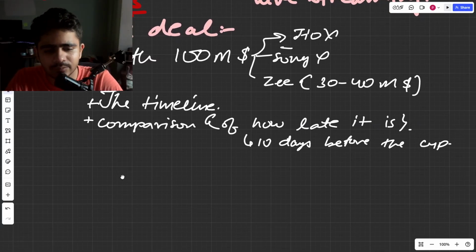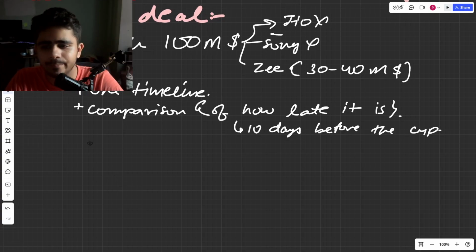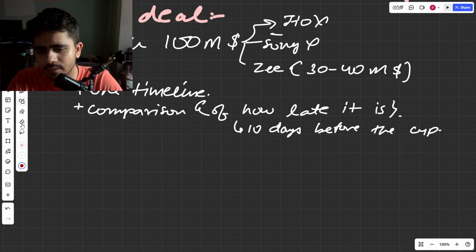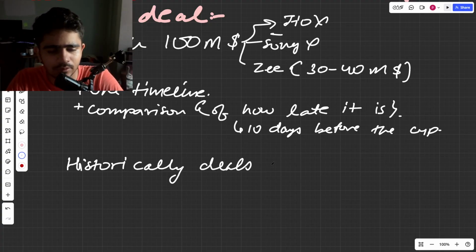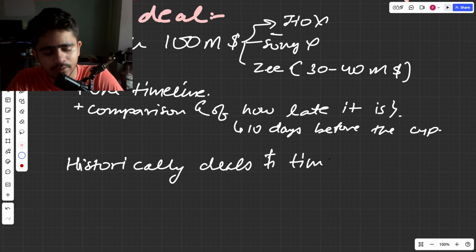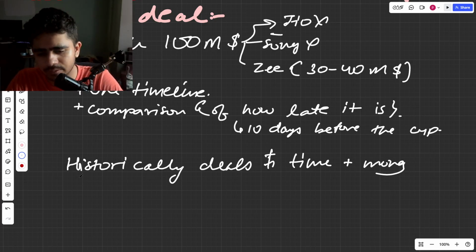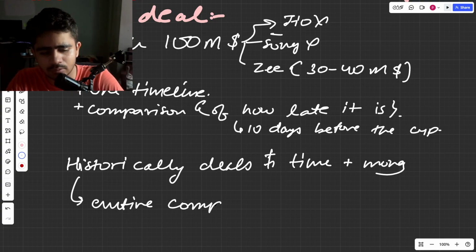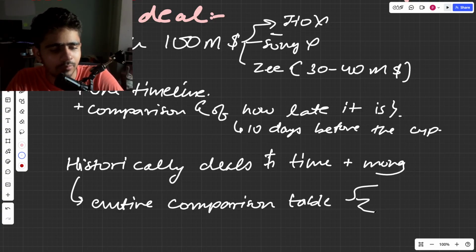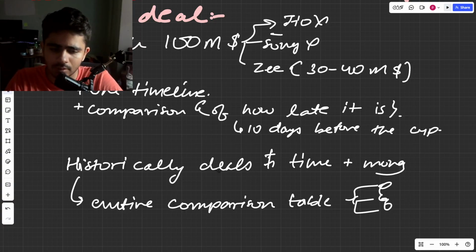Because there's a comparison plus I have to give a timeline, and I also have to show how deals have historically been, in terms of time plus money, basically the entire comparison table between the 3 players. Okay, this could be slide 3.